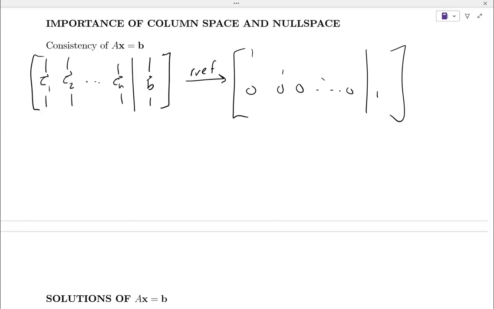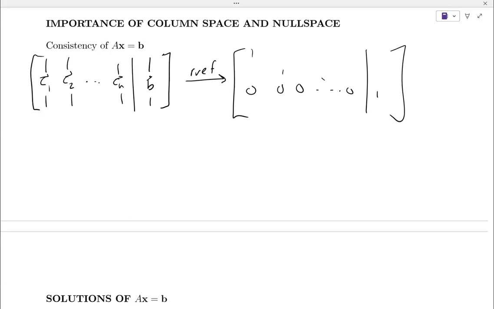Remember, rank is what again? Number of pivots in the reduced echelon form, right? If I ignore this column, I'd have the rank of the original matrix, right? Did the rank of the augmented matrix go up or did it stay the same? If it's inconsistent, it went up by 1, right? Because I got a pivot in that constant column, didn't I?